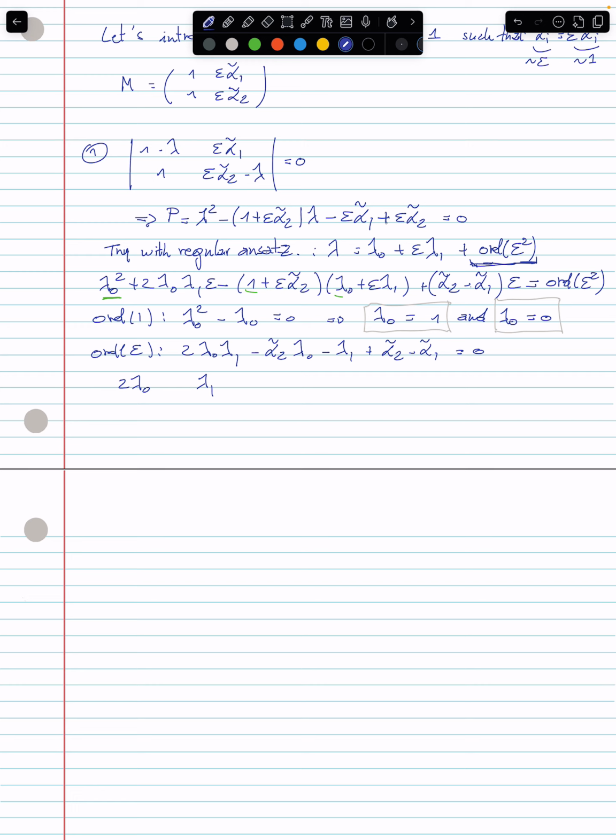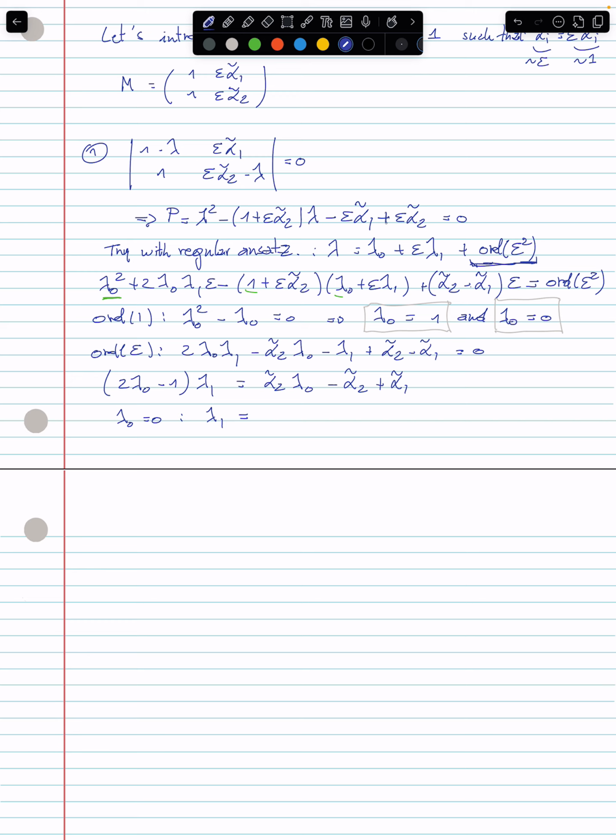So we have 2 lambda 0 minus 1 multiplied by lambda 1 is alpha 2 tilde lambda 0 minus alpha 2 tilde plus alpha 1. All right, so when lambda 0 is equal to 0, we see that we have lambda 1. The left-hand side here is minus 1. This disappears, and so lambda 1 is just the opposite of the right-hand side.